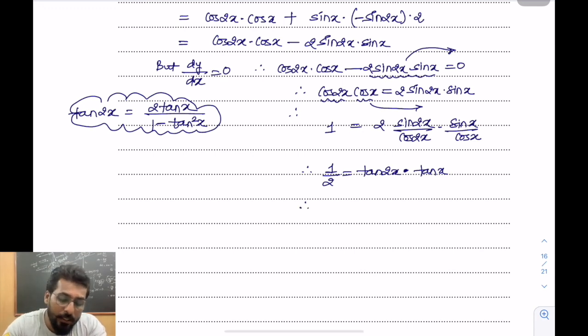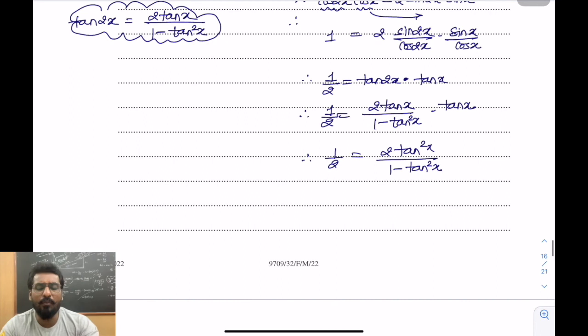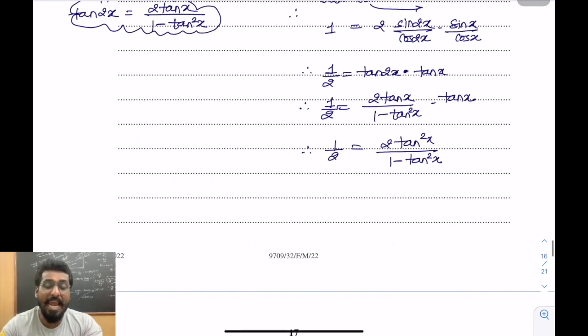So I get 1 upon 2 is equal to the tan 2x written as what? 2 tan x divided by 1 minus tan square x, and this needs to be multiplied with tan x. So I get 1 upon 2, I get 2 tan square x divided by 1 minus tan square x. What I'm going to do here is, for some time, write the value of tan x as m.